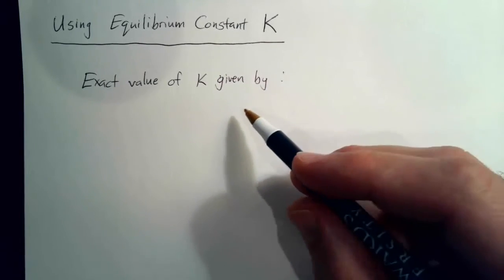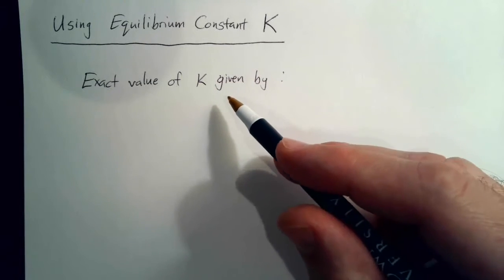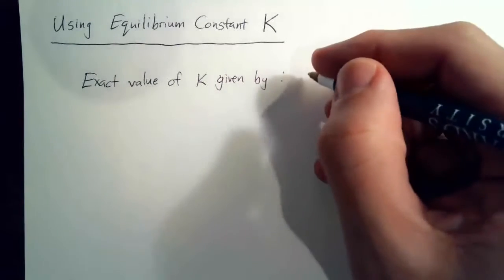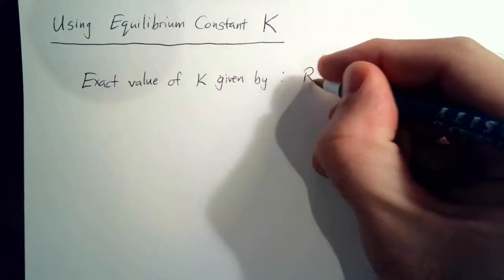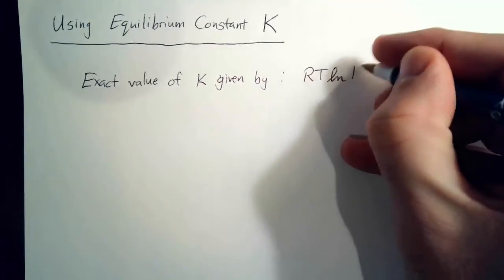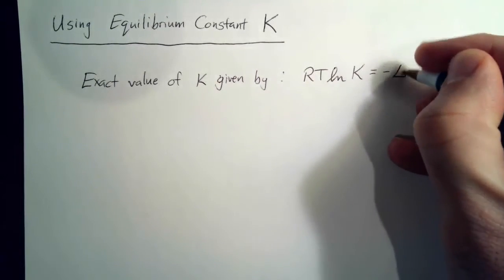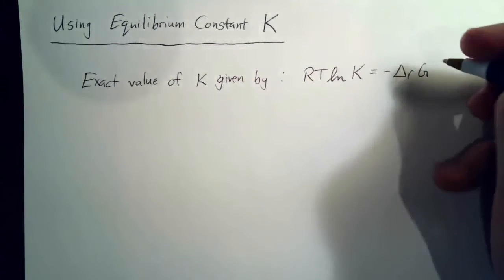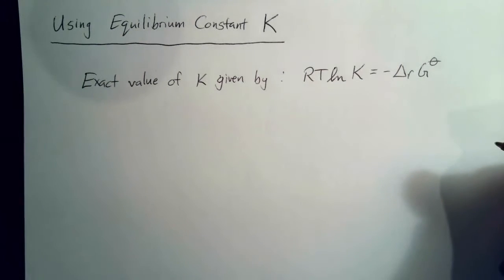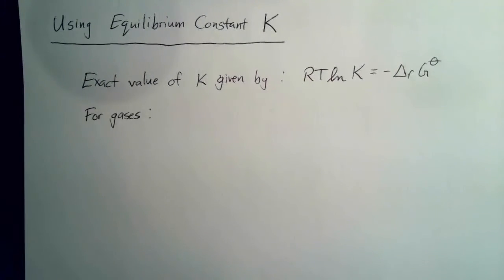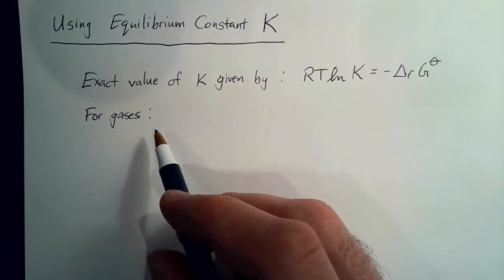Okay, so the exact value of K is given by this formula, as we've discussed. RT ln K is equal to the negative Gibbs energy of reaction at standard state. And for gases, that's the example I'm going to be doing.